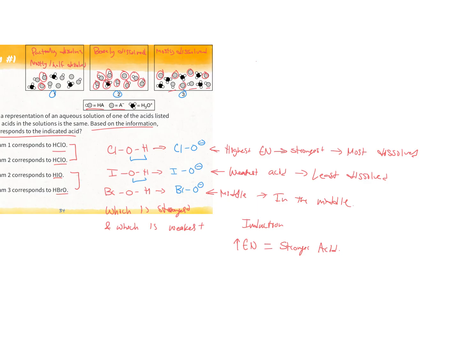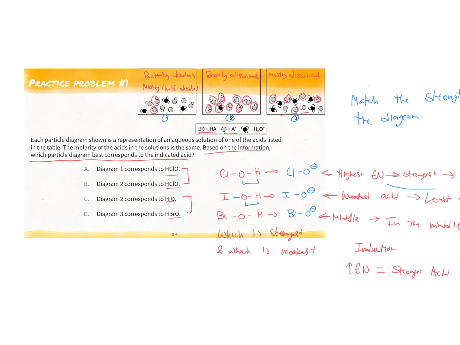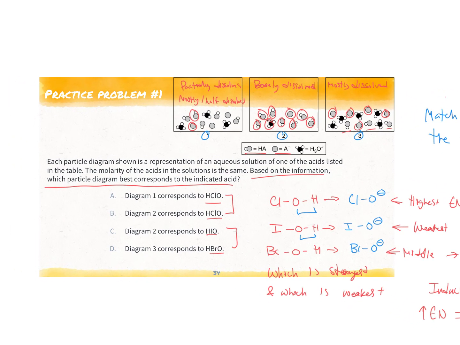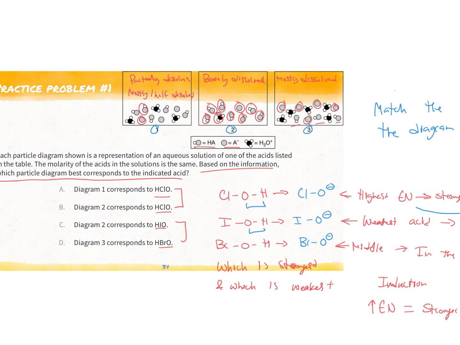So given that information, what we need to do is match the strength to the diagram. So now let's go back to our diagram. Because HClO is our strongest, this one should be the most dissolved.